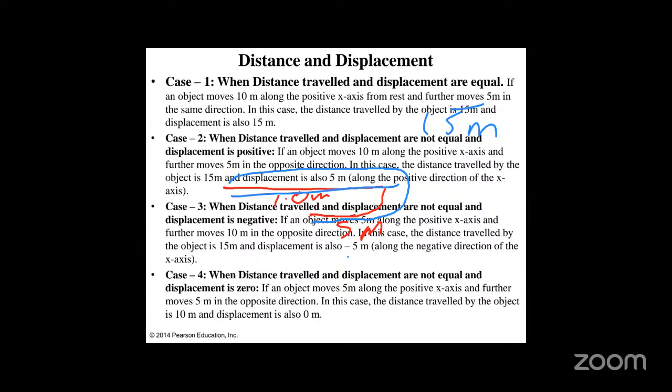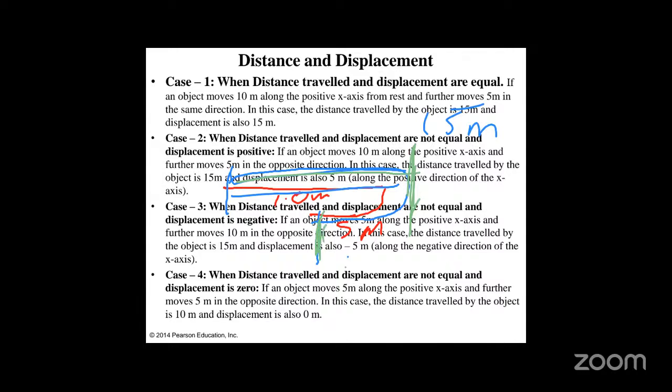But for displacement, it is final minus initial. From the initial to this point is 10, and from this point to the final point is 5.